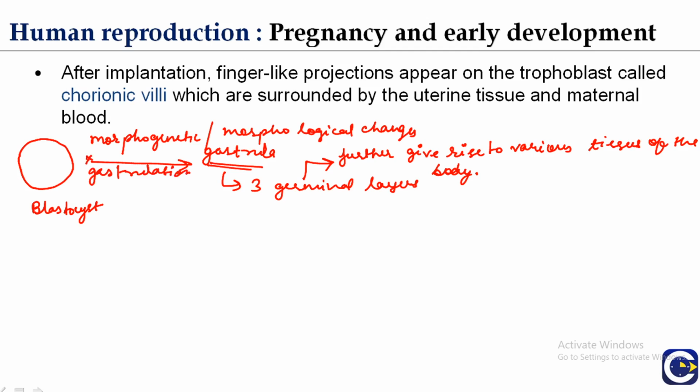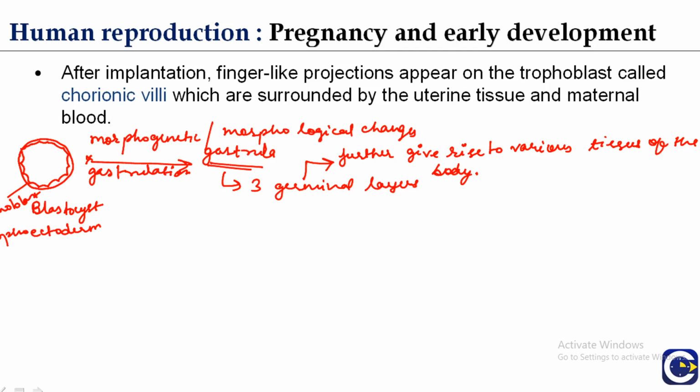Okay, so what have we seen in this structure? There were the flat cells. These are the trophoblast, or these are also known as the trophoectoderm.